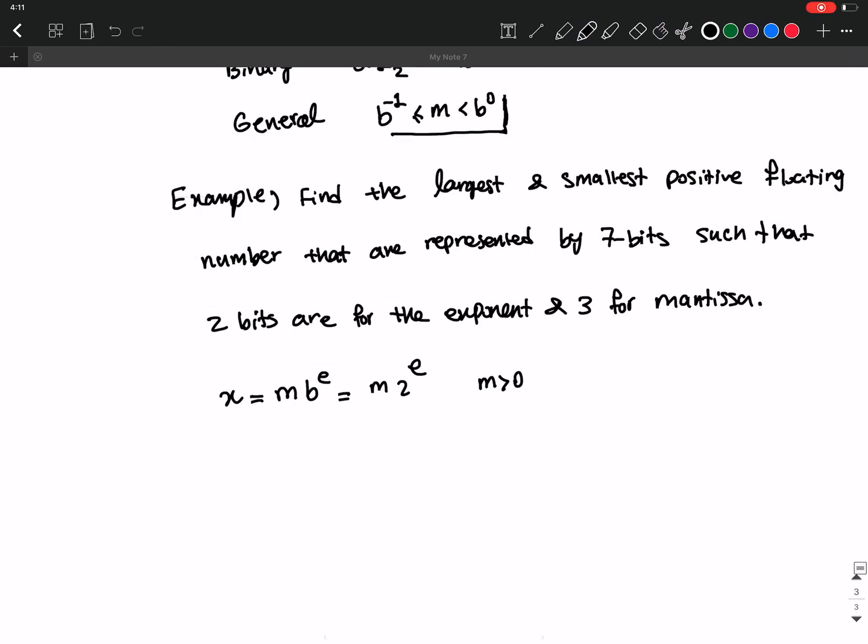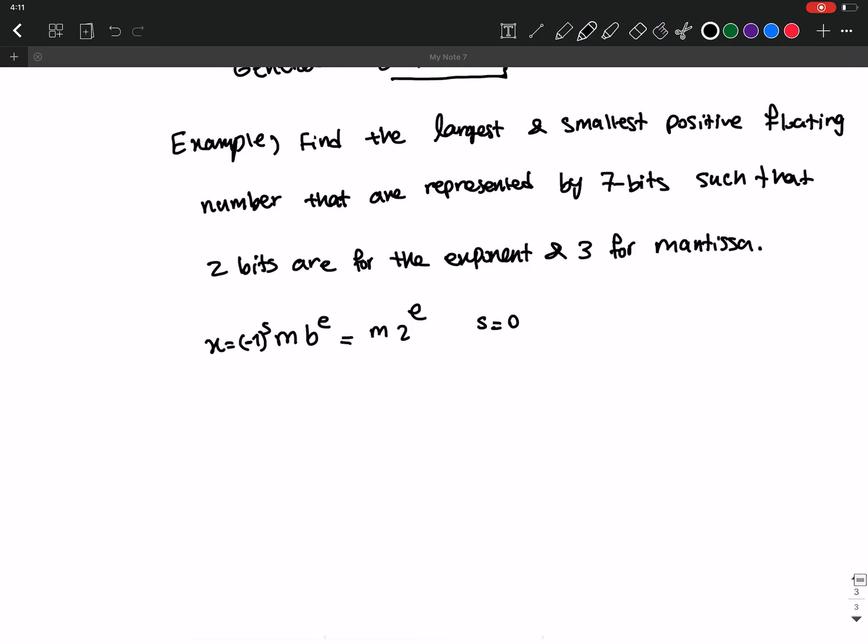Or let me write it down this way, I think it's better: x equals to (-1) to the power s times m 2 to the power e, where s is gonna be 0.